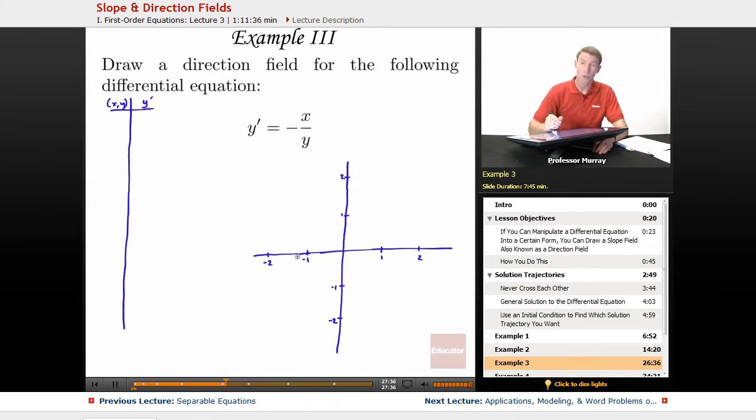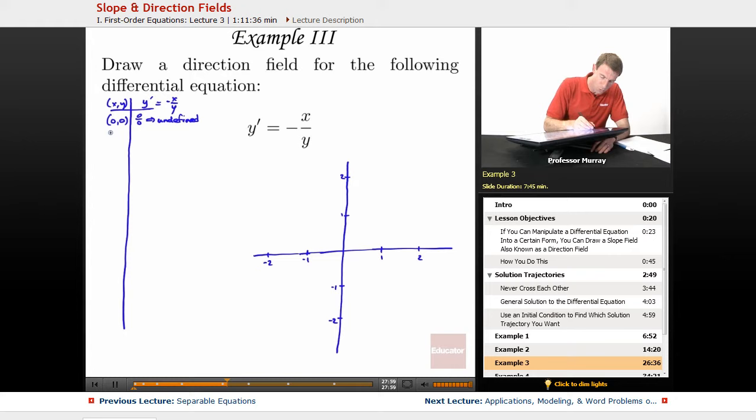What I'm going to do is start with different combinations of x's and y's and try to plug them into the differential equation. I'll try 0 and 0 because that's always a good one to start with. Unfortunately, if I try to plug that into negative x over y, I get 0 over 0, which is undefined. So I really don't get anything useful there.